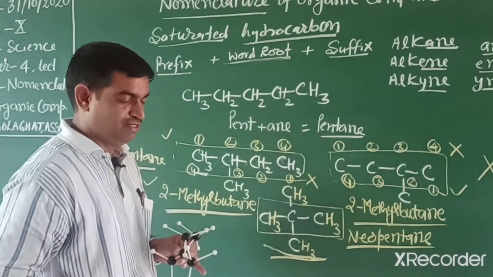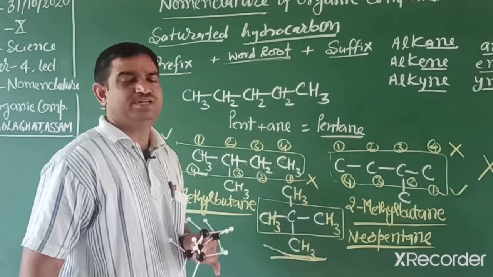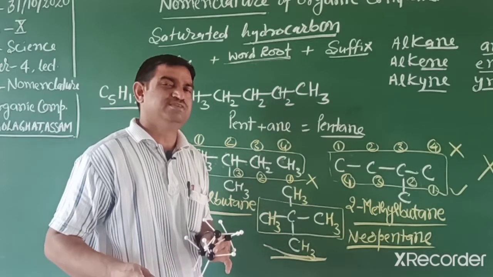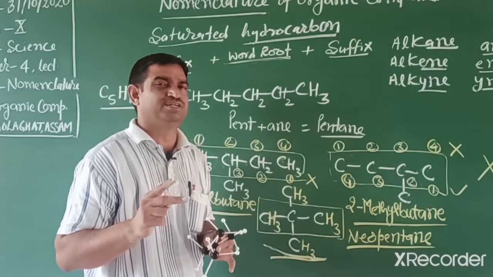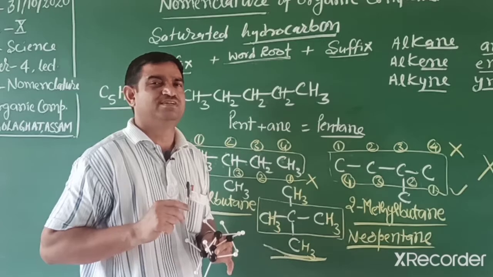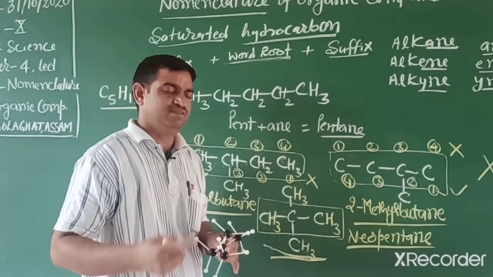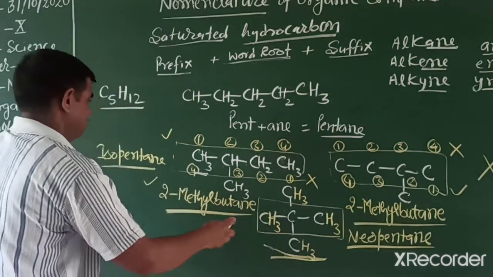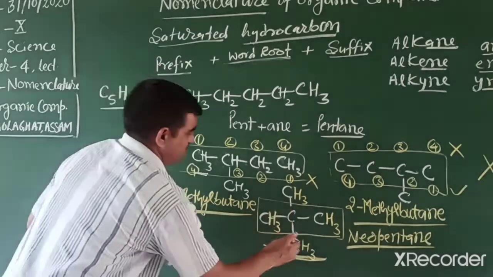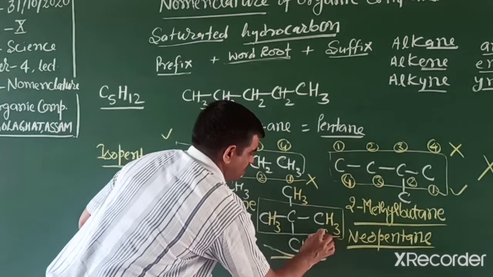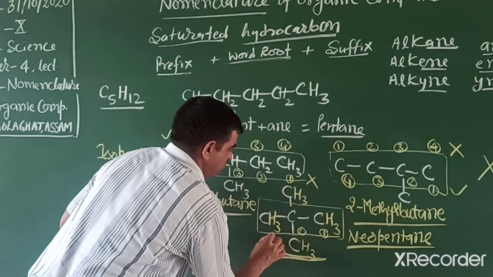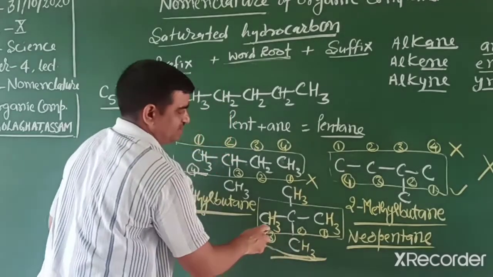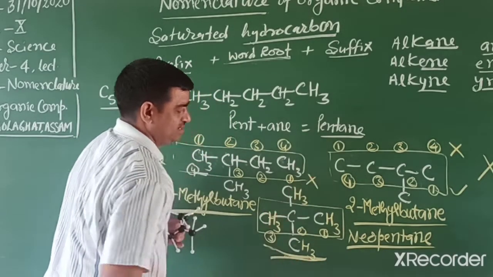If there is more than 1 substituent, then we write a prefix di or tri. If 2 substituents are the same type, then we write di. If 3, then tri. So how can we write its name? First we give the numbering 1, 2 and then 3, or you can start any side, both are the same.